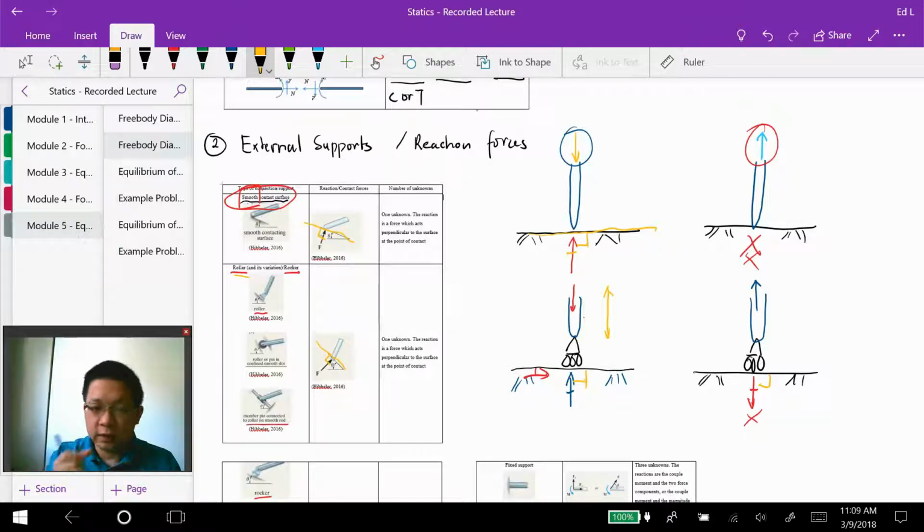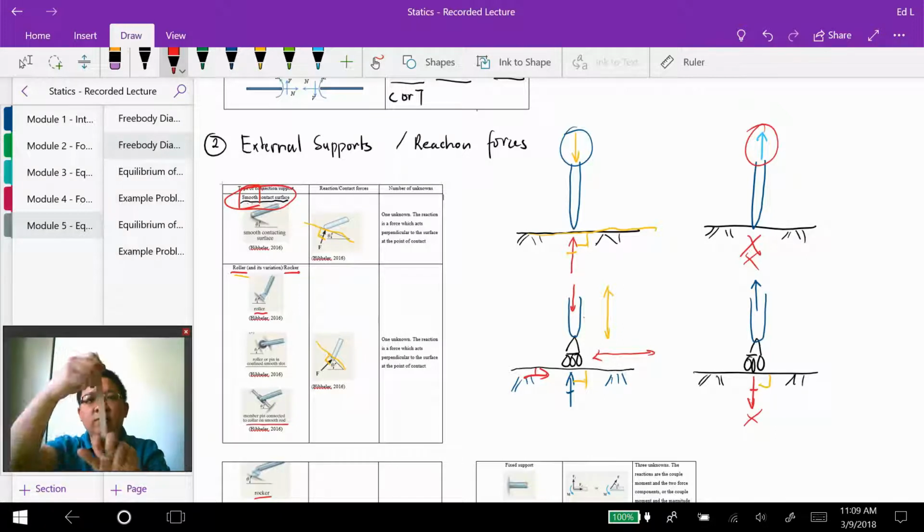However, this roller cannot restrict the motion of the structure in the horizontal direction. So the structure is free to move horizontally. This is the roller, this is the member, so it's free to move right here. Since it's able to move in the horizontal direction, there is no reaction force in the horizontal direction.